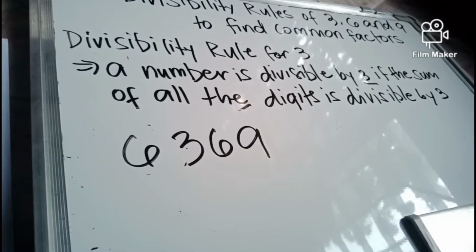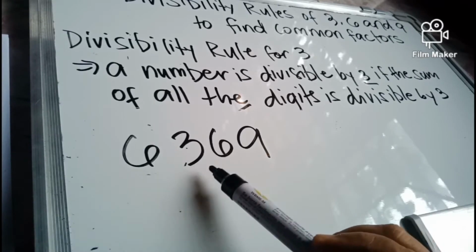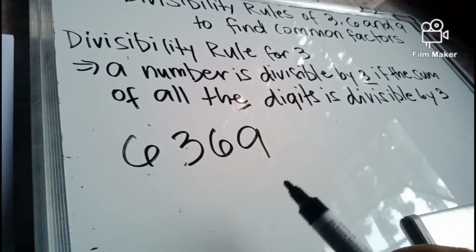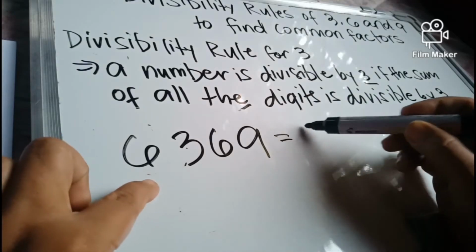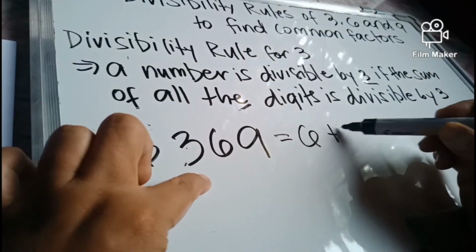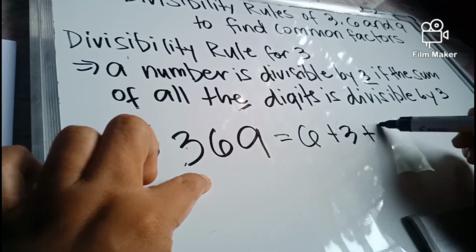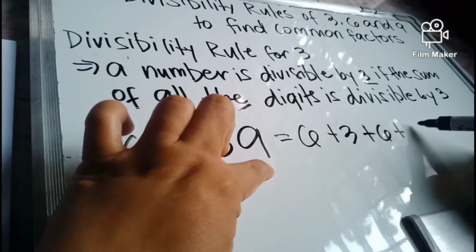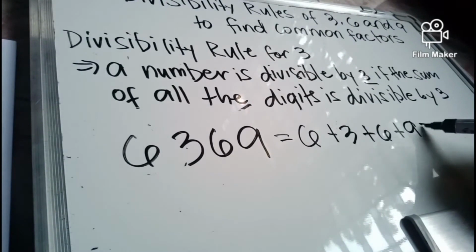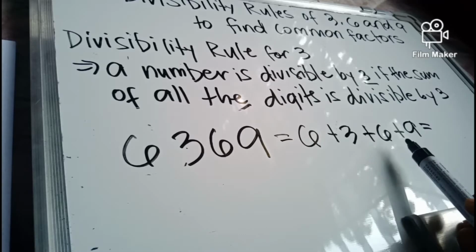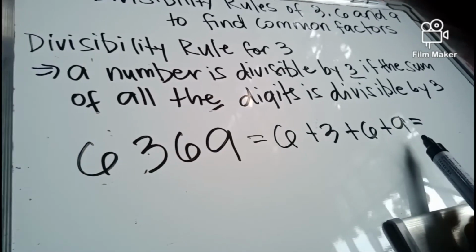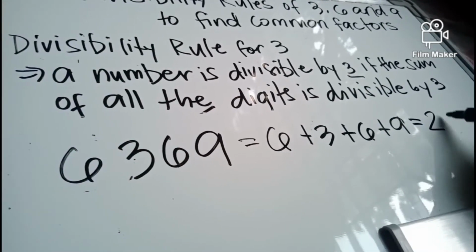Okay. Last example of a number divisible by 3 is 6,369. So, titingnan natin paano ito naging divisible by 3. So, we have to add all the digits. Equals 6 plus 3 plus 6 plus 9 equals 6 plus 3 is 9 plus 6 is 15 plus 9 is equals to 24.